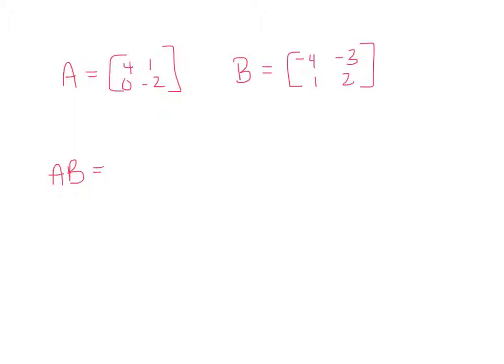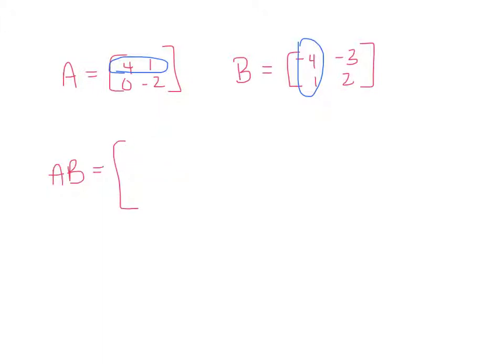So the process here is that for the first row, first column, we actually take the first row and the first column and you multiply the entries and then you add them together. So in this case, I'm going to write out what we're going to multiply here.